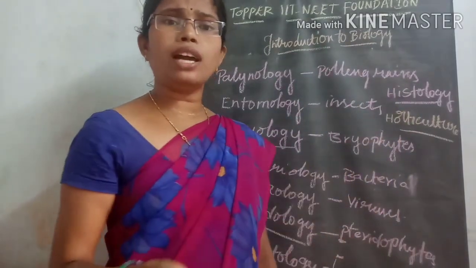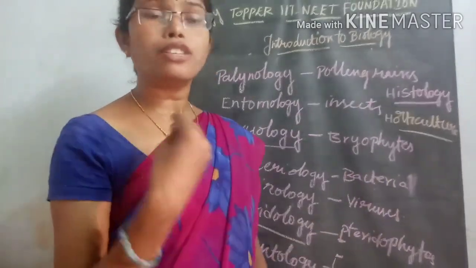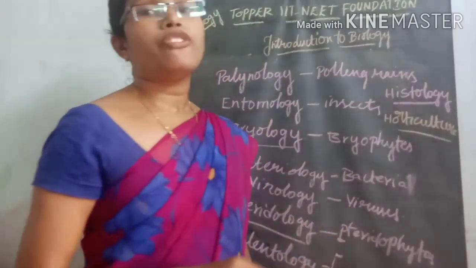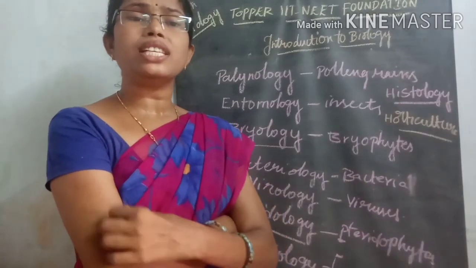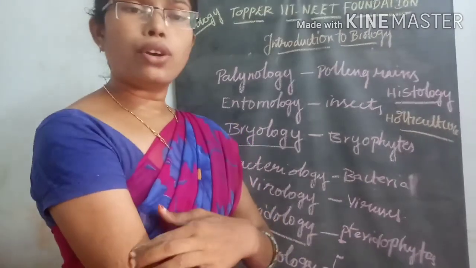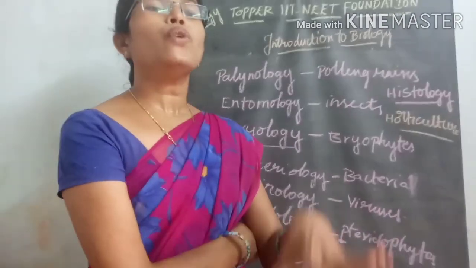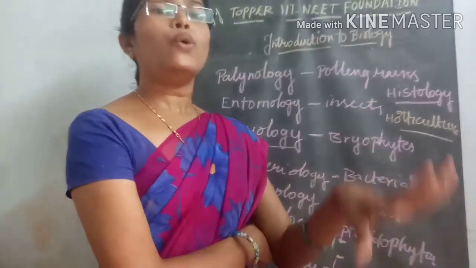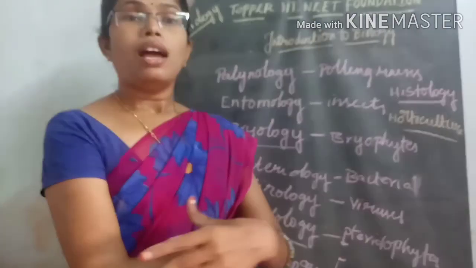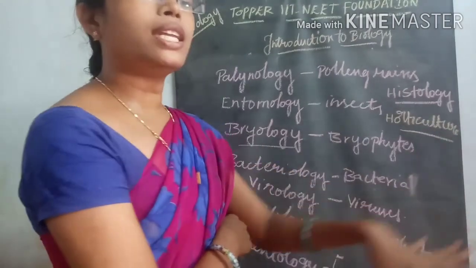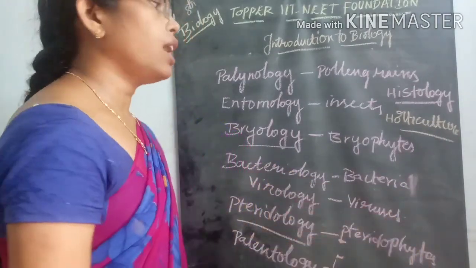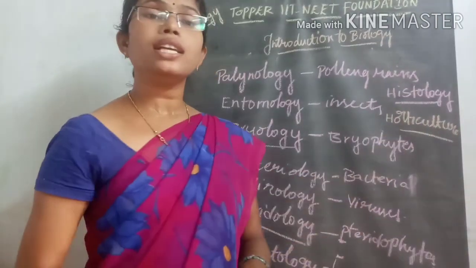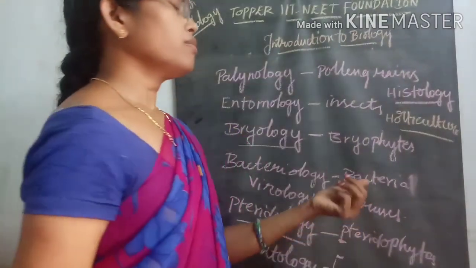So in the garden we maintain vegetable plants, fruit yielding plants, and flower yielding plants, different varieties of plants that we grow in that garden. How we grow those plants, how we maintain them, and how we maintain the surrounding areas, all of these come under horticulture.